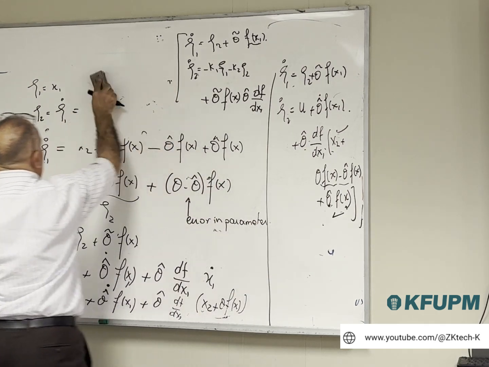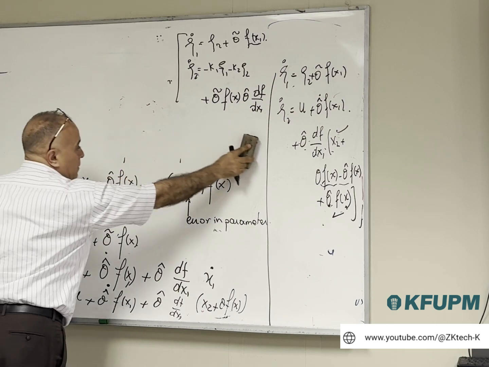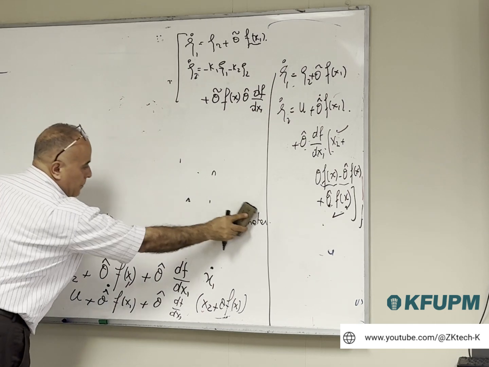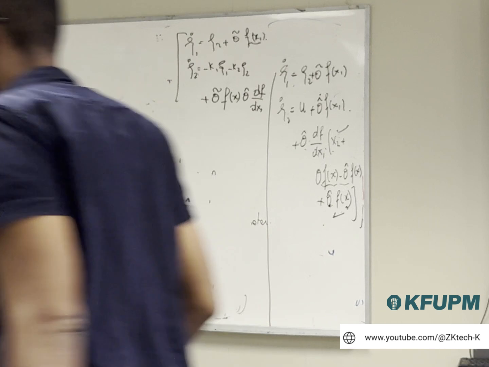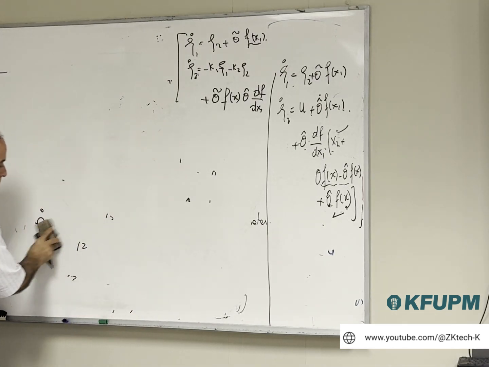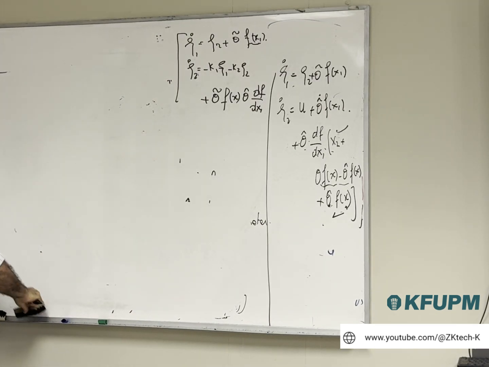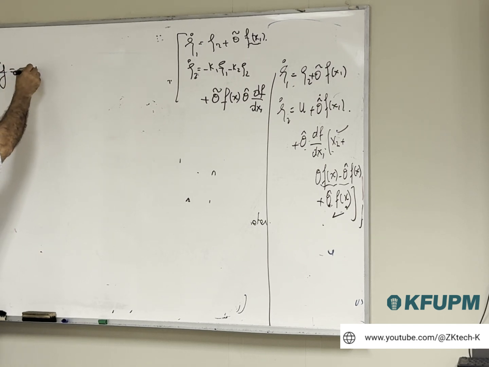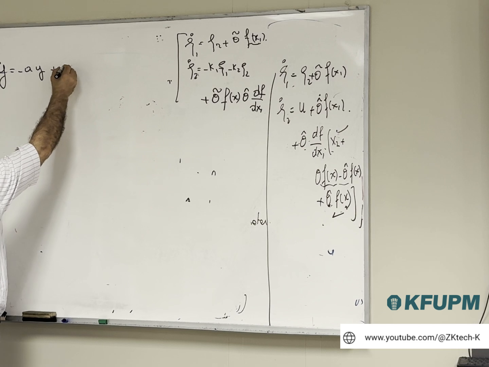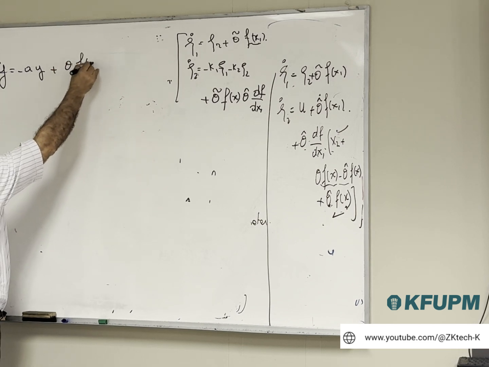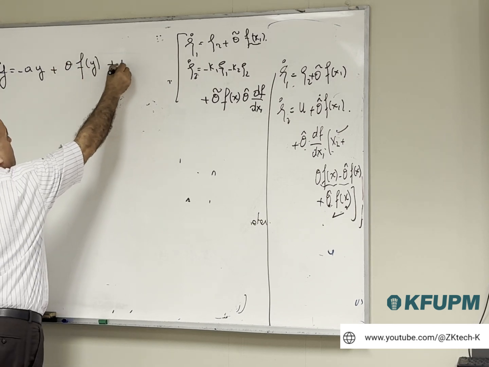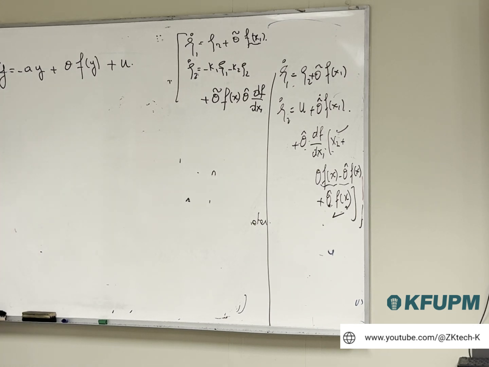So let's take an example of a first order system. Suppose I have y prime equal to minus a times y plus theta multiplied by f of y plus u. Very simple system, single order.